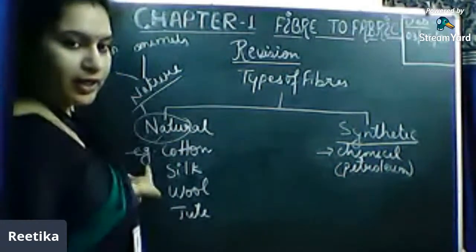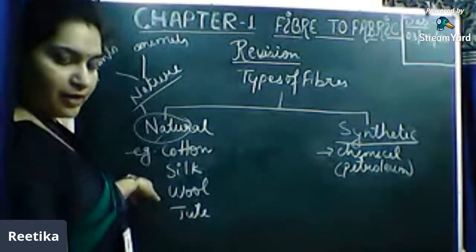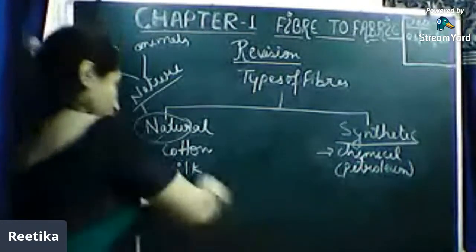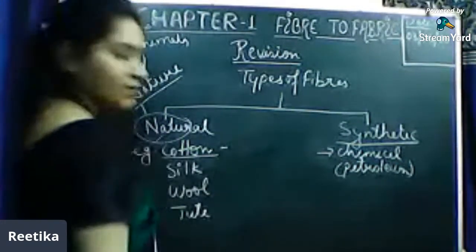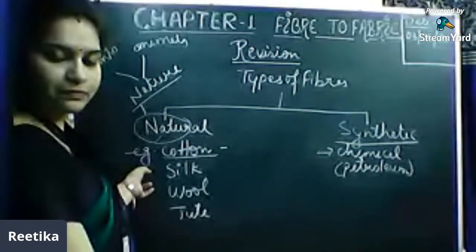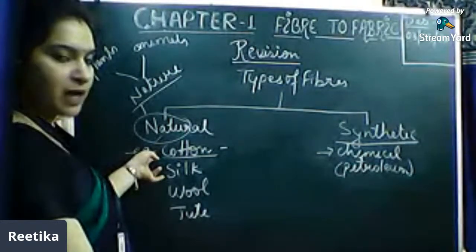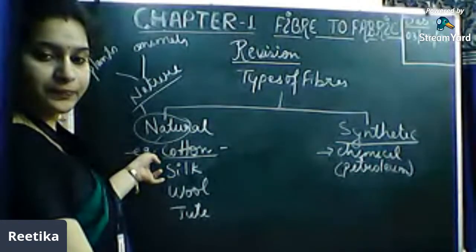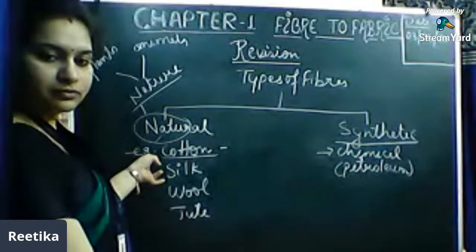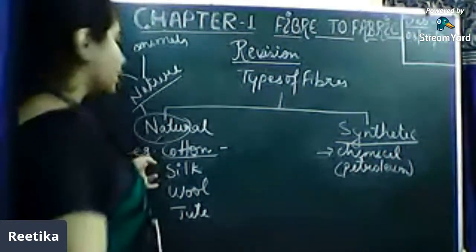Okay, now tell me quickly, which among these is the plant fiber and which among these is animal fiber? Now, cotton. Cotton is plant or animal fiber? Yes, kids? Very good, Tejal.